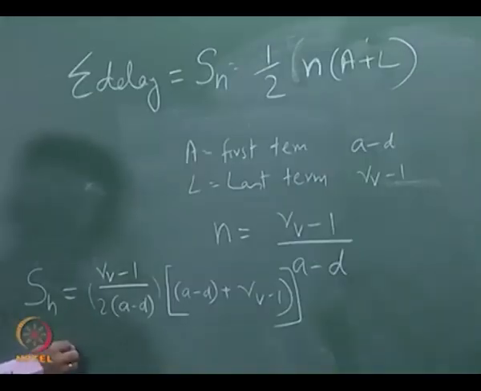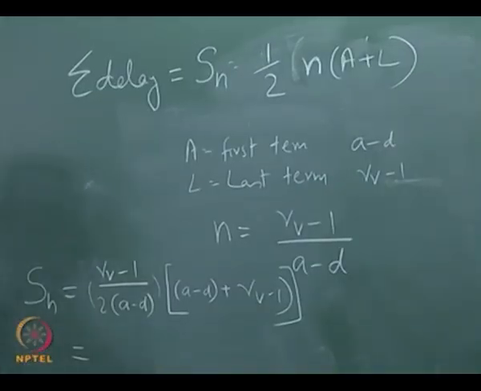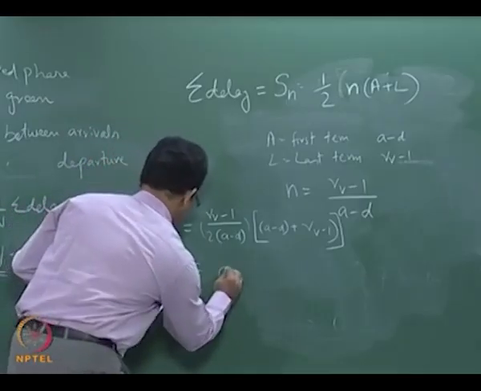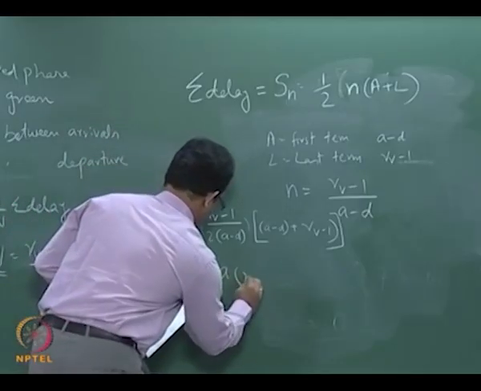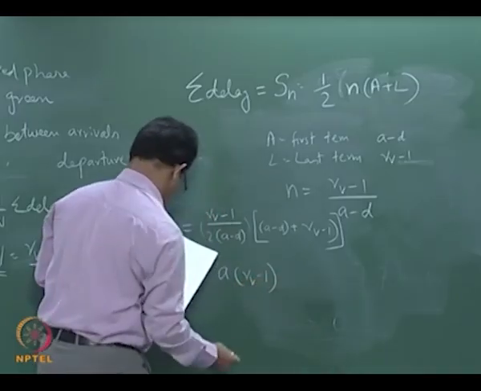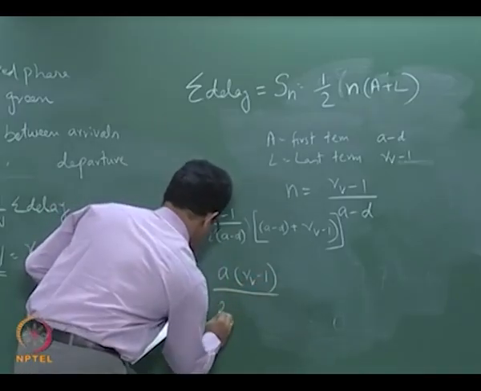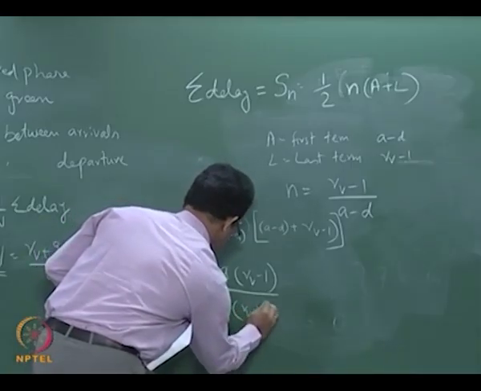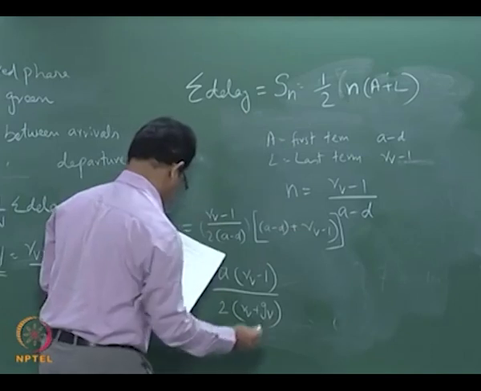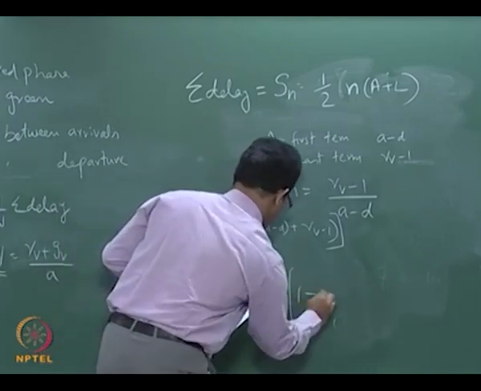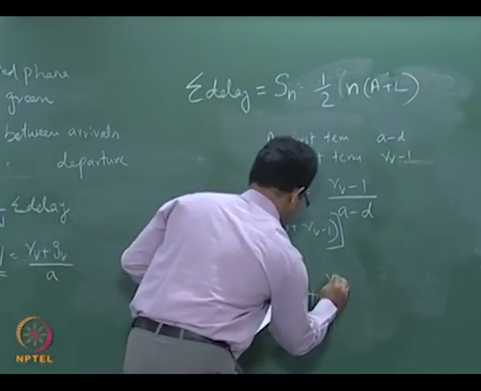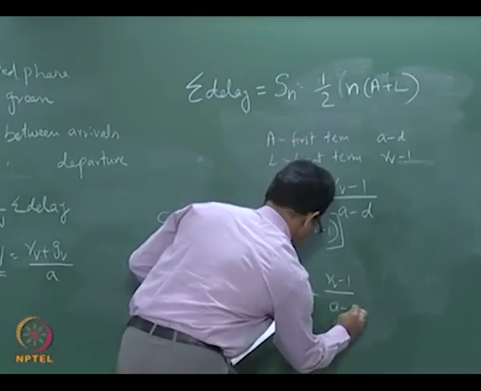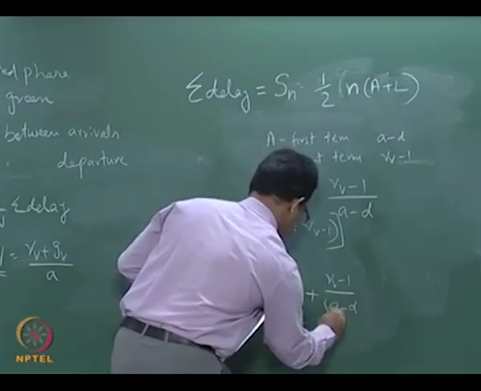If you simplify this you will get Sn as equal to A multiplied by (RV minus 1) divided by 2 (RV plus GV), multiplied by 1 plus (RV minus 1) divided by (A minus D).